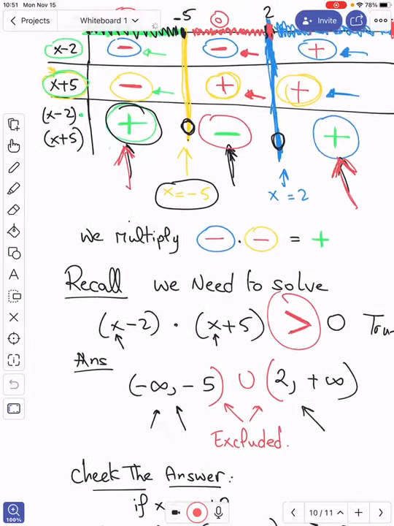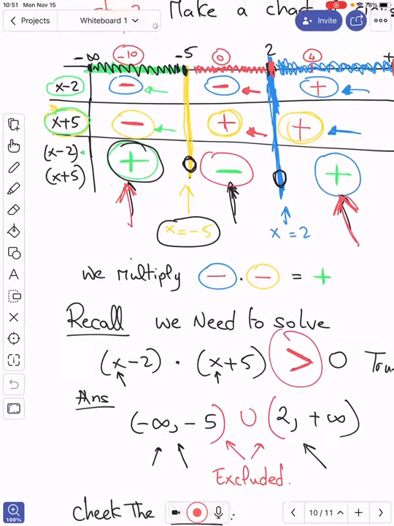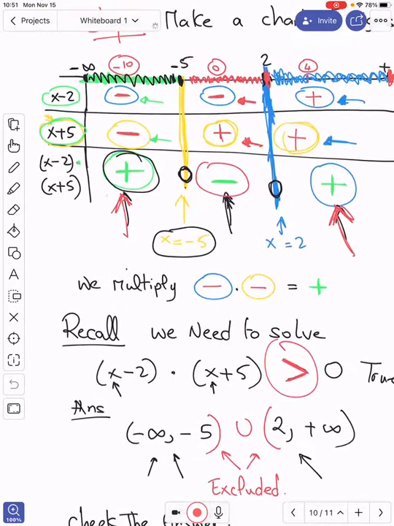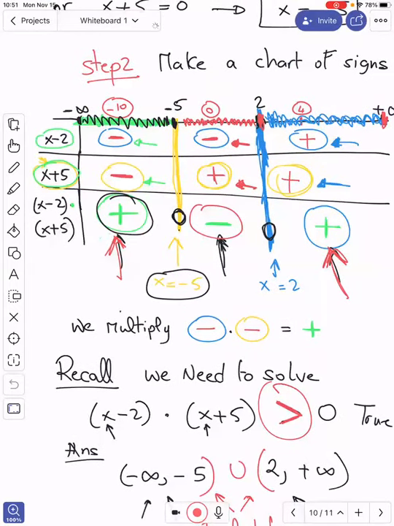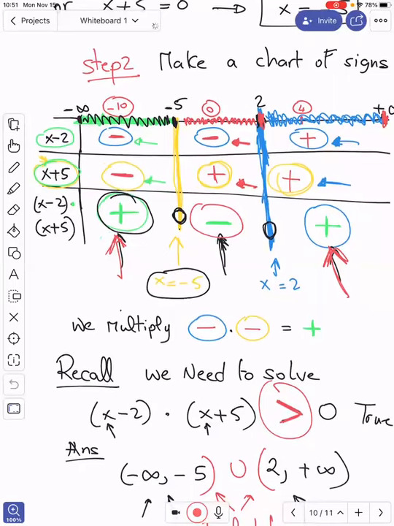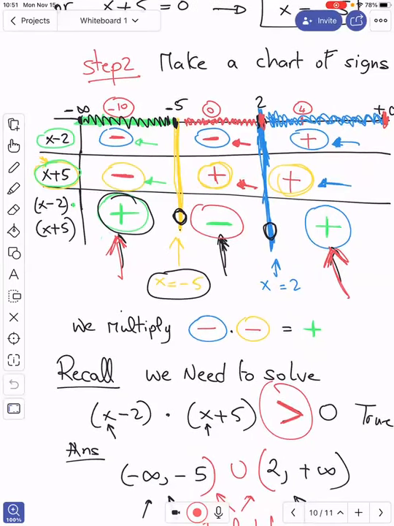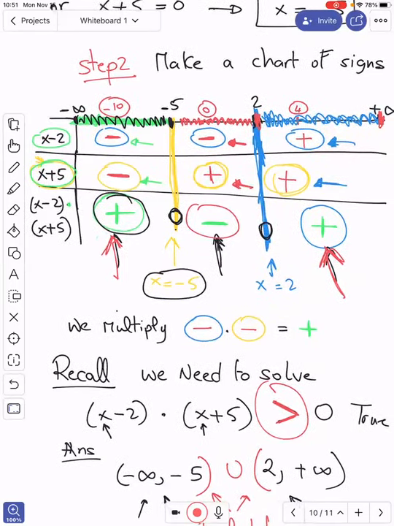Professor. Yeah. During the test or the exam or the homework, is it compulsory for us to make a chart, or could we just do step 1 and then jump into step 2 if we already have the answers? I mean, how are you gonna get the answer?